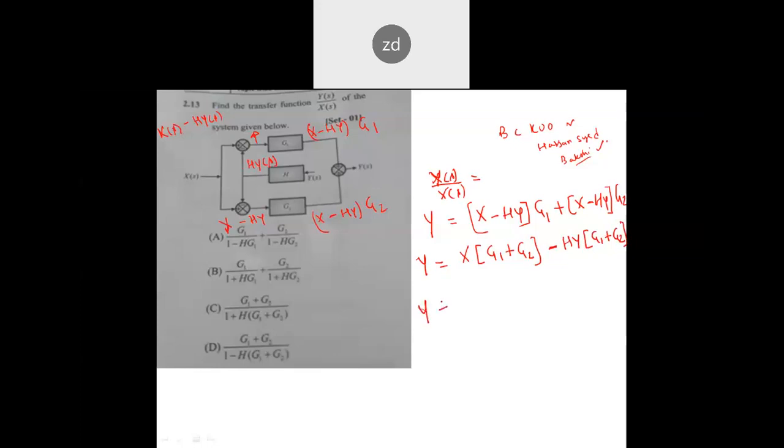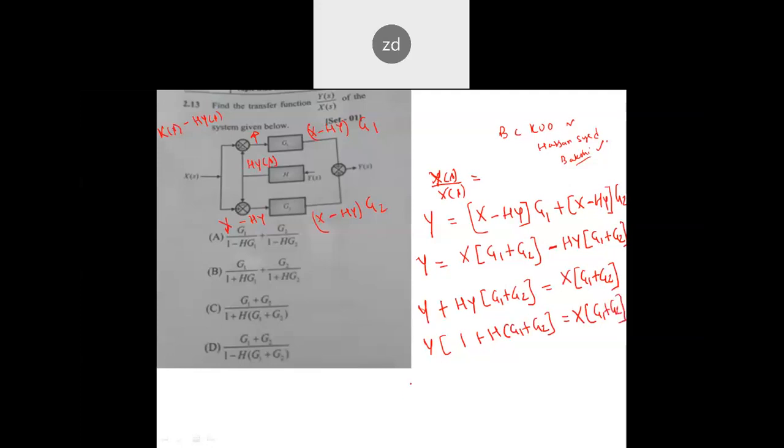This can be written as Y plus HY(G1 plus G2), and here it can be written as X(G1 plus G2). So if you look at the problem, you can take the Y outside and write Y(1 plus H(G1 plus G2)) is equal to X(G1 plus G2).